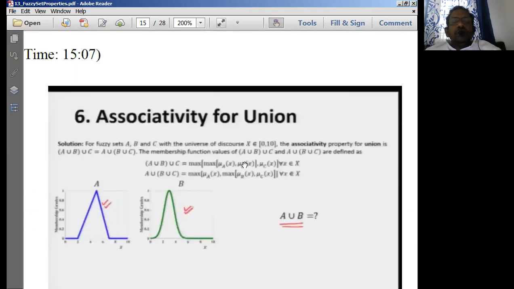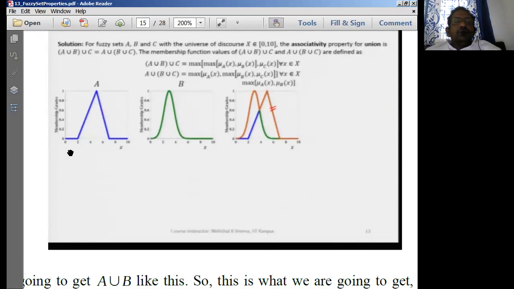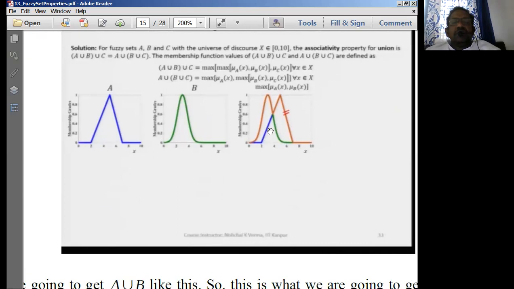As it is union, what is the criterion we have? Maximum is the criterion for the union operation. So for A union B, you have to join these two. Whichever is maximum will be coming. B is starting earlier, so B is going to be maximum at the earlier part. Then in the later part, this is the A part and this is the B part. So B and A are intersecting here.